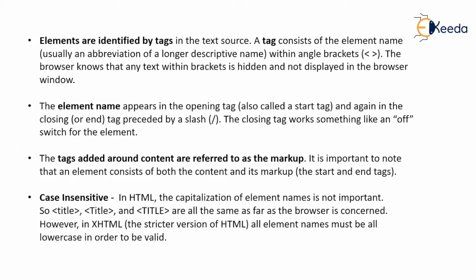HTML itself says hypertext markup language. That means everything is markup here. It is important to note that an element consists of both the content and its markup, the start and the end tags.